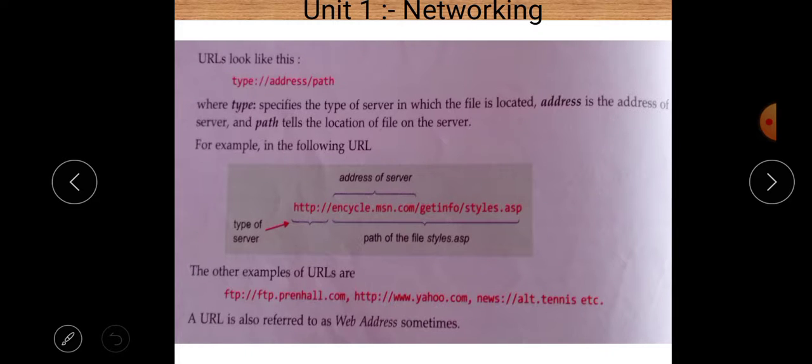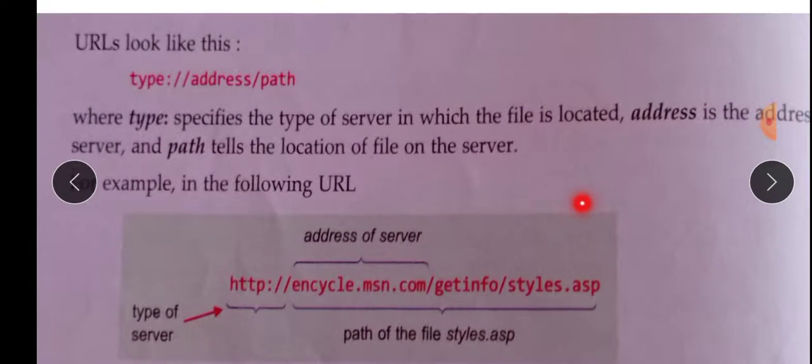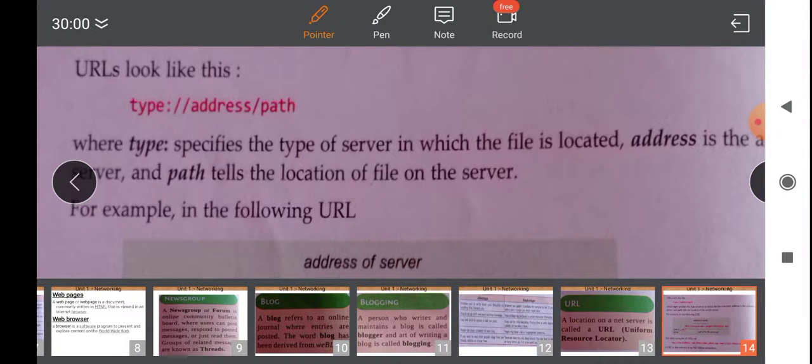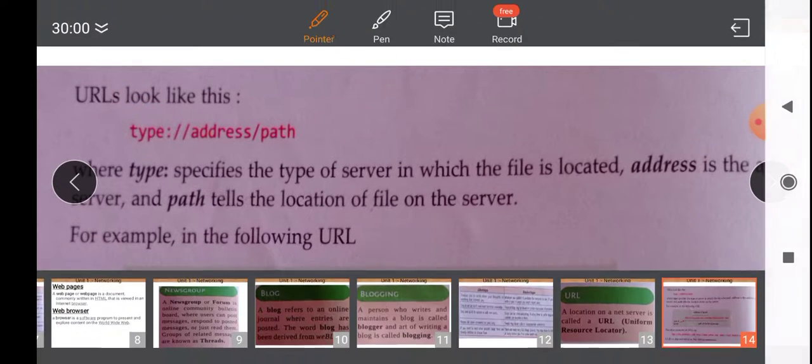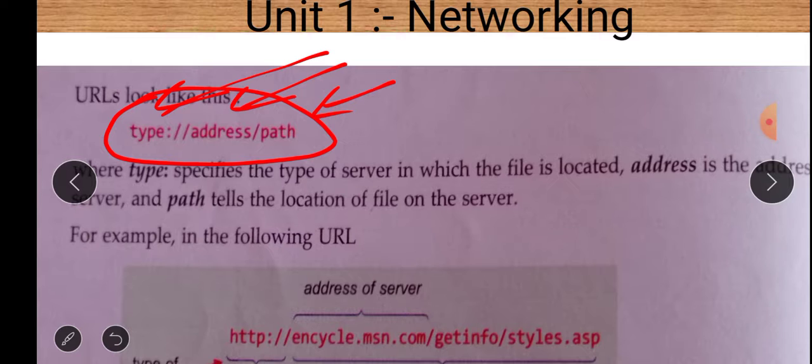This is the example of URL. Basically a URL looks like this, and it contains three parts: first the type, then the address, and third the path.